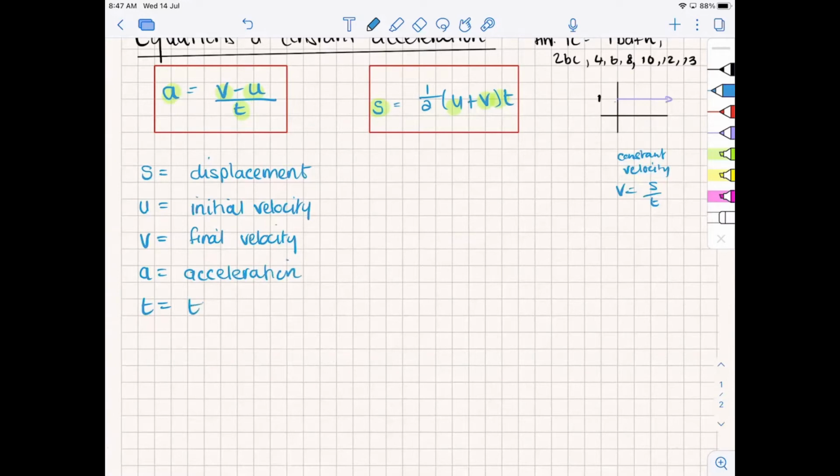And the T is just the time. Simple as that. In textbooks and online they will call these the SUVAT equations, and that's the way I've written it over there. SUVAT: displacement, initial velocity, final velocity, acceleration, and time.